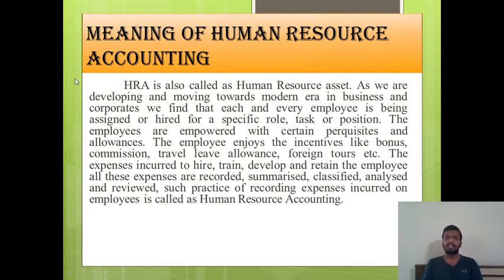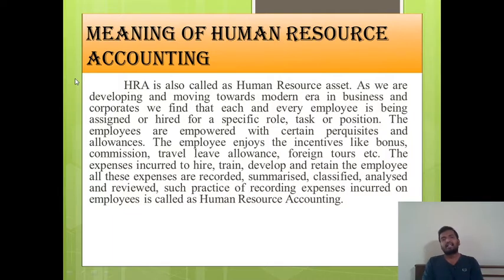The employee enjoys incentives like bonus, commission, travel allowance, foreign tours, etc. The expenses incurred to hire, train, develop and retain the employee, all these expenses are recorded, summarized, classified, analyzed and reviewed. Such practice of recording expenses incurred on employees is called human resource accounting.